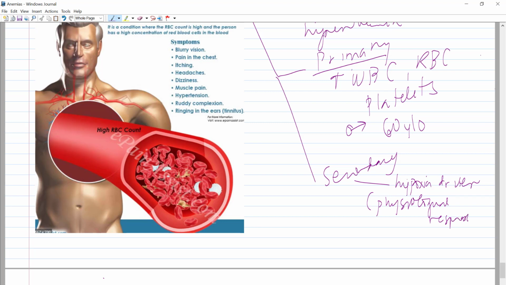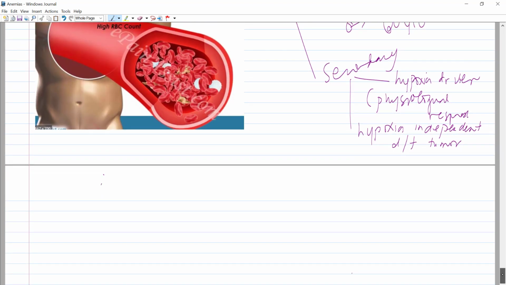Okay, while hypoxia independent is usually related to a tumor. Hypoxia independent is due to a tumor. The tumor might be a benign or a malignant one. Okay?